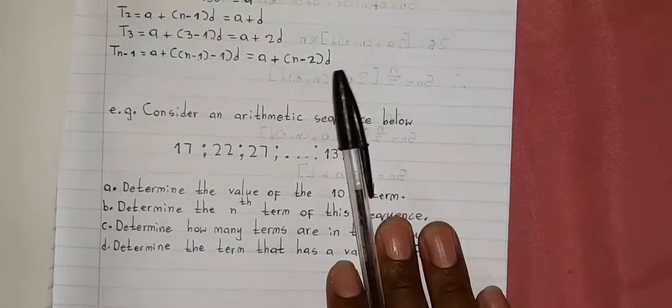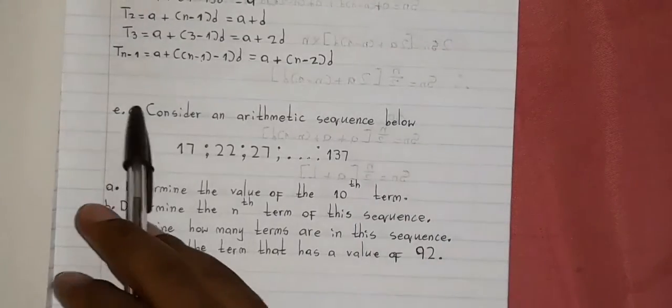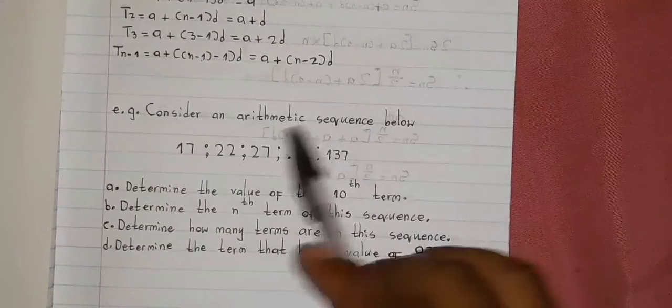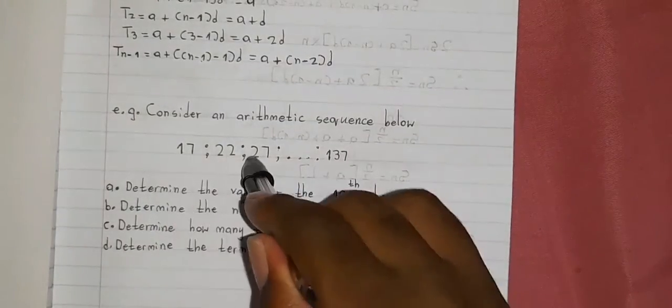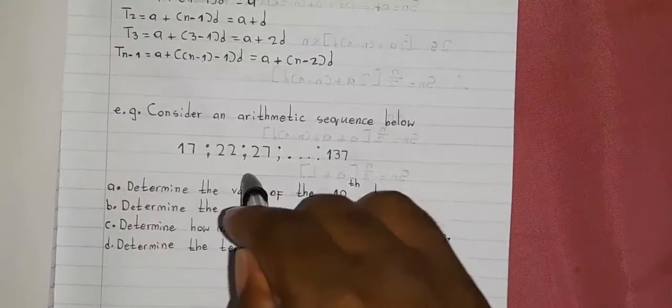It looks like we have an activity here, and I'll try to answer it. Consider an arithmetic sequence starting with 17, 22, 27. It looks like we are adding 5 here.